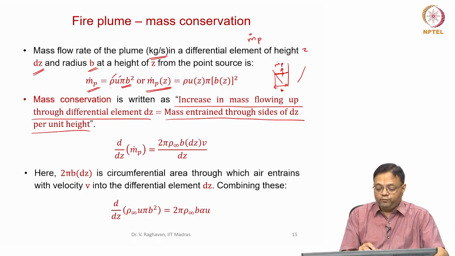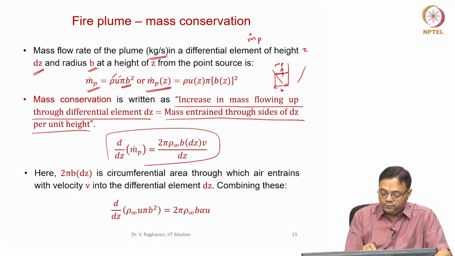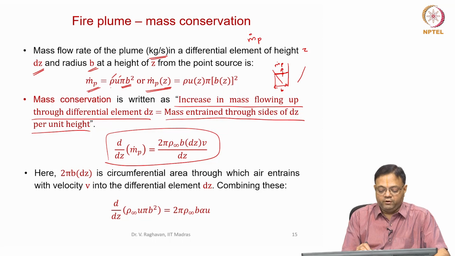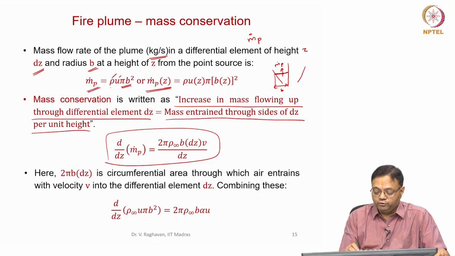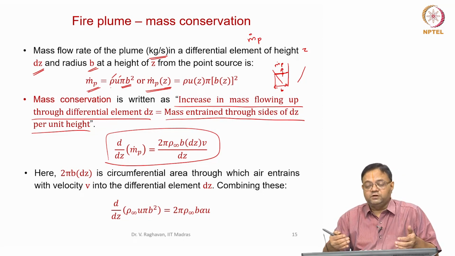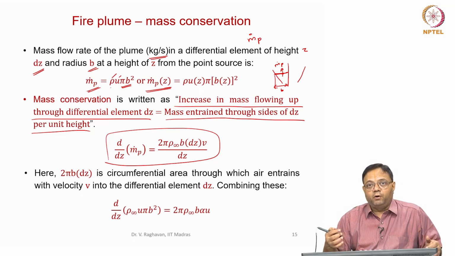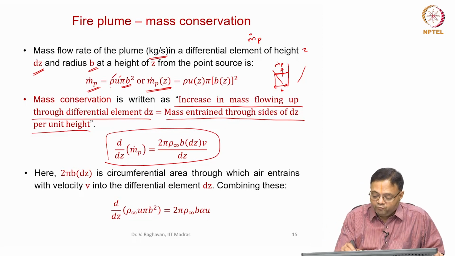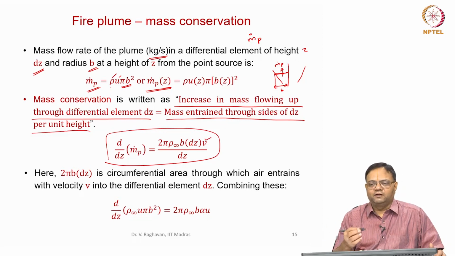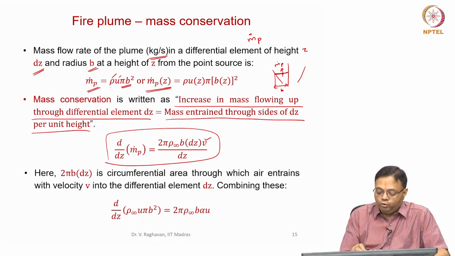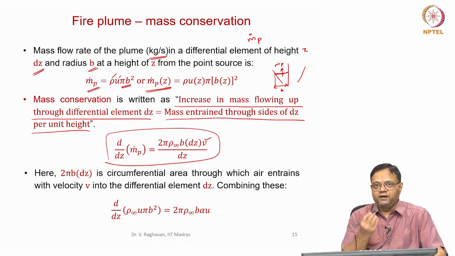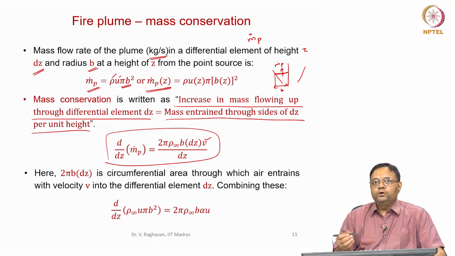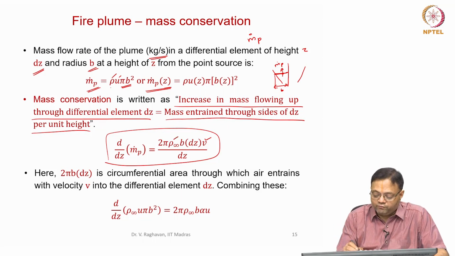When you write that, I get this equation: d by dz of m dot p, that is the rate of change of the mass flow rate of the plume with height, will be equal to 2 pi b dz, the circumferential surface area through which air enters with a velocity of v. Do you understand? 2 pi b dz is the circumferential area through which a mass flux of rho infinity v entrains.